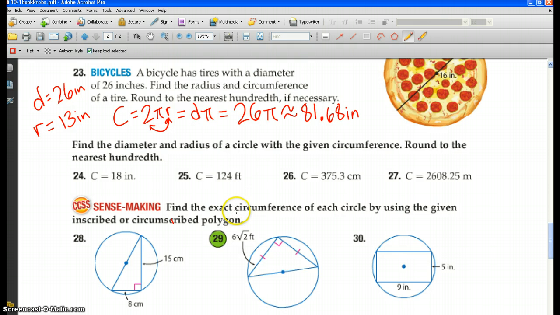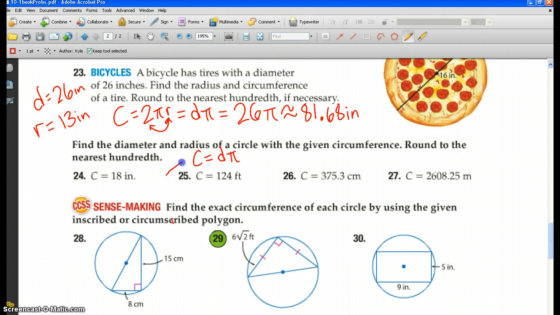Number 25, find the diameter and radius of a circle with the given circumference, rounded to the nearest hundredth. So for number 25, circumference equals diameter times pi.